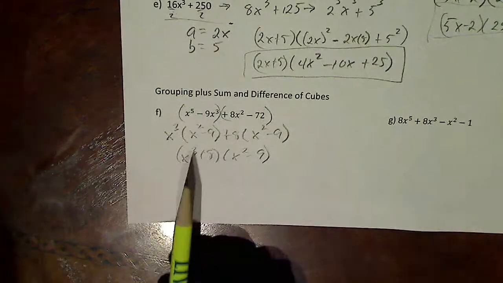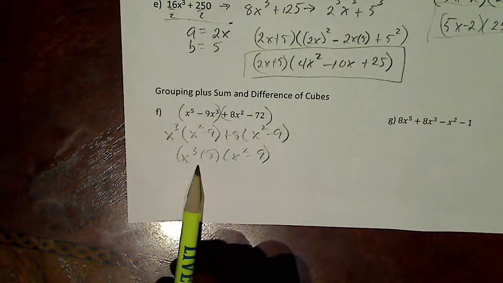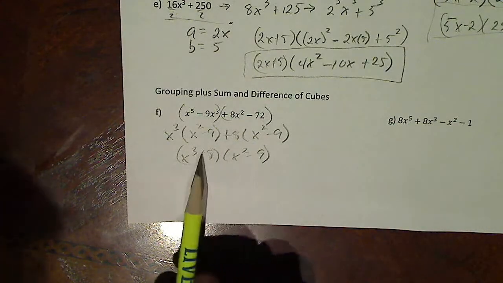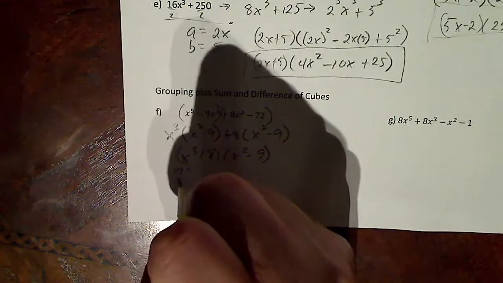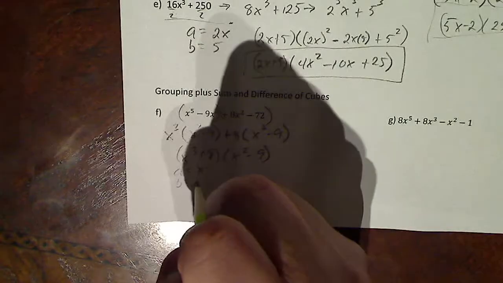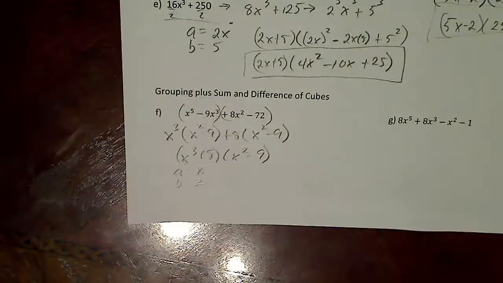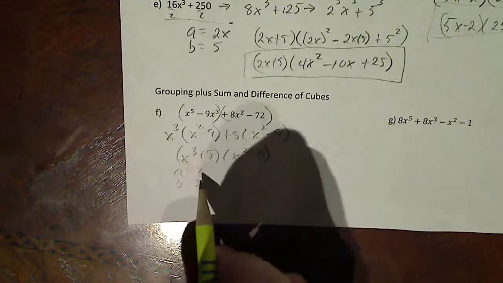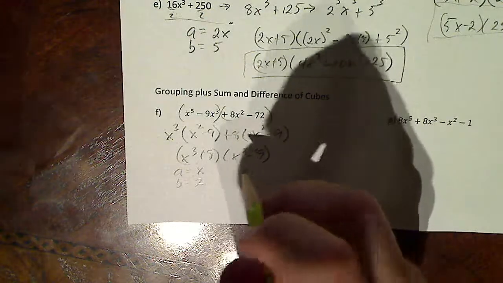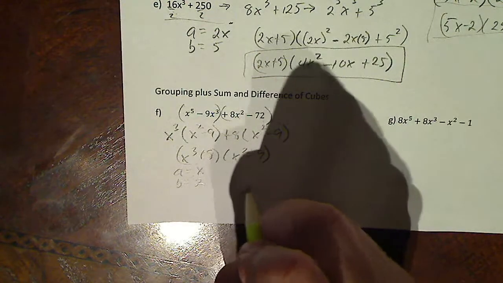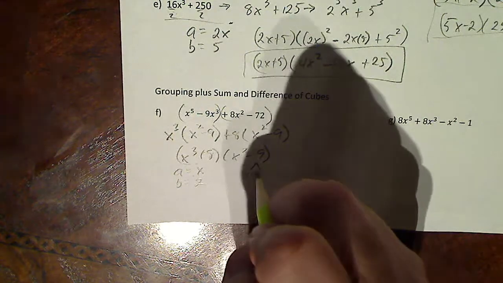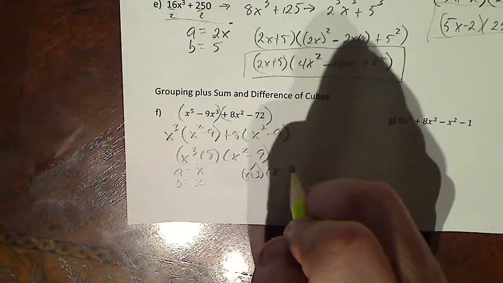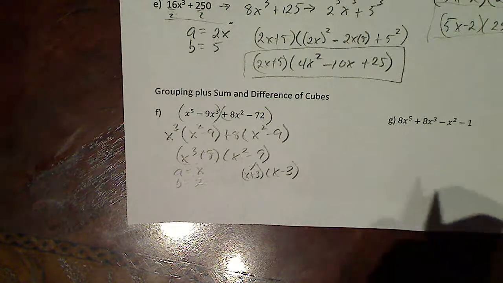So here's what you have. You have x cubed plus 8, x squared minus 9. Okay. So this is a sum of cubes and a difference of squares. So I'm going to do this part first, where a is equal to x, b is equal to 2. And then this one right here is going to become x plus 3 and x minus 3. That's difference of squares.